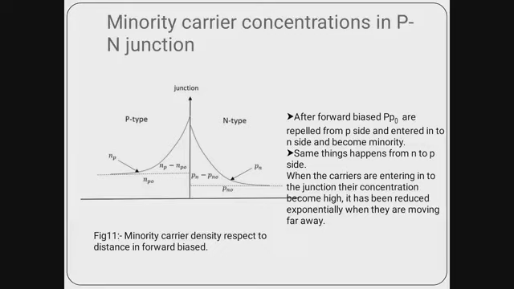If we make a forward connection in a PN junction diode, then after forward bias, this is the minority carrier density with respect to forward bias. We are getting that electrons are migrating from the N to the P side and holes are migrating from the P to the N side.